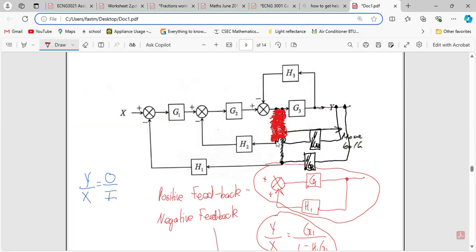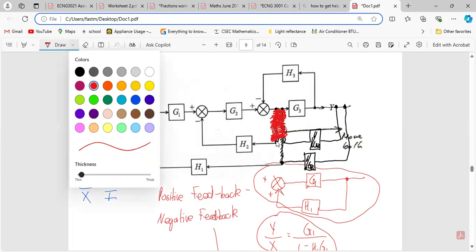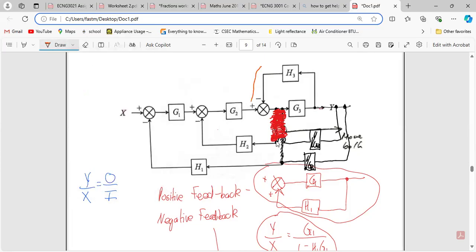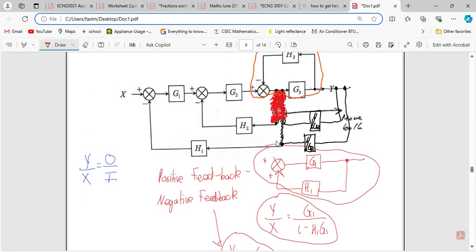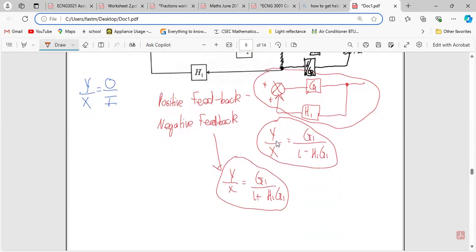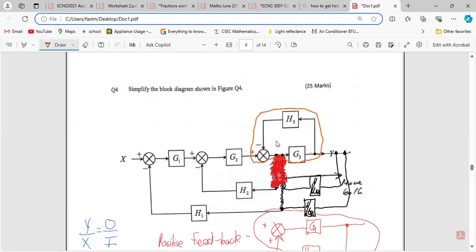With that said, since that's gone, the next thing we'll do is this piece here, because now it's free. Since we're going from a positive here and coming back to a negative, it'll be a negative feedback loop, so you'll end up using the formula with the plus.